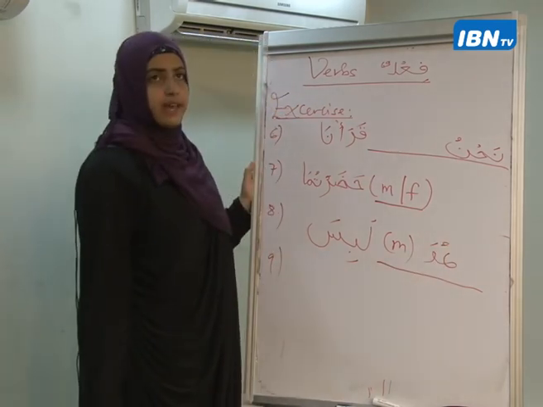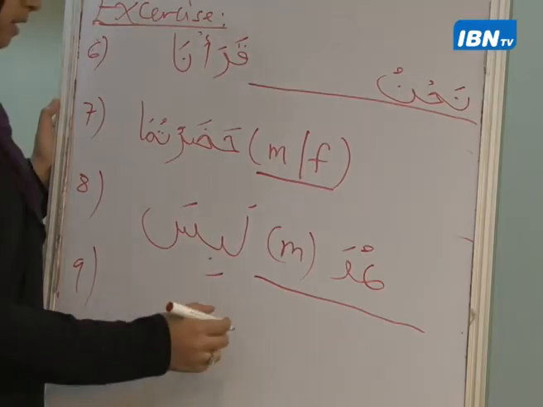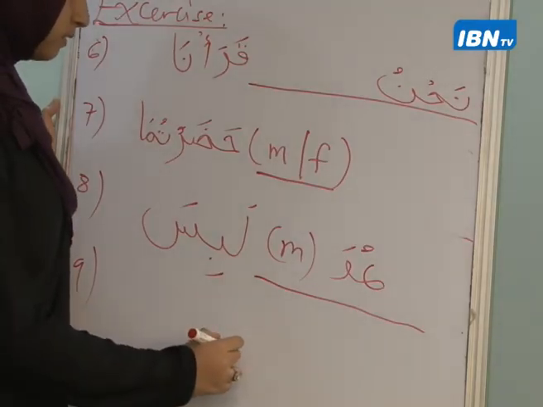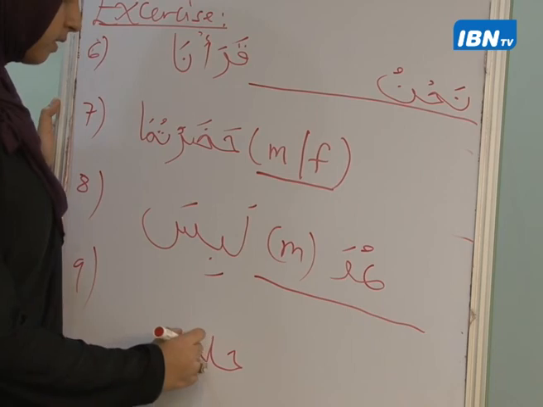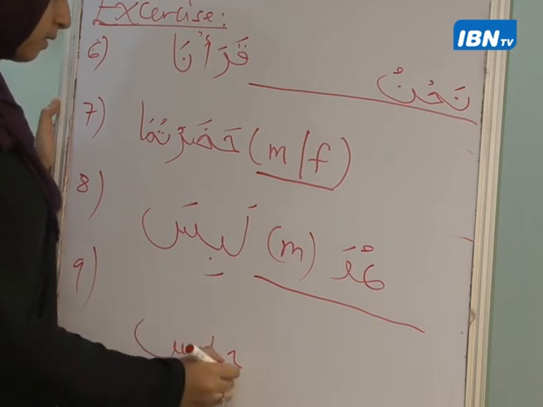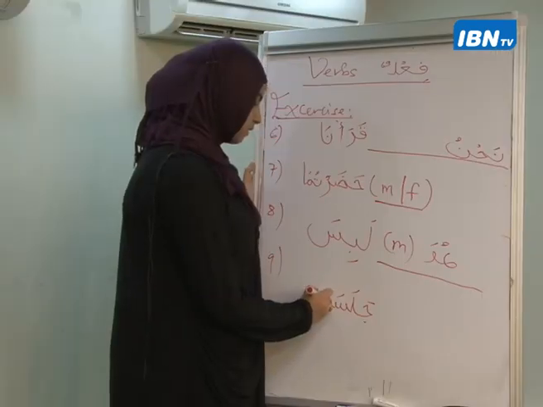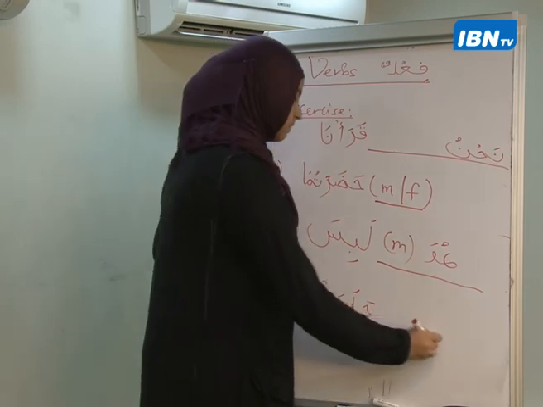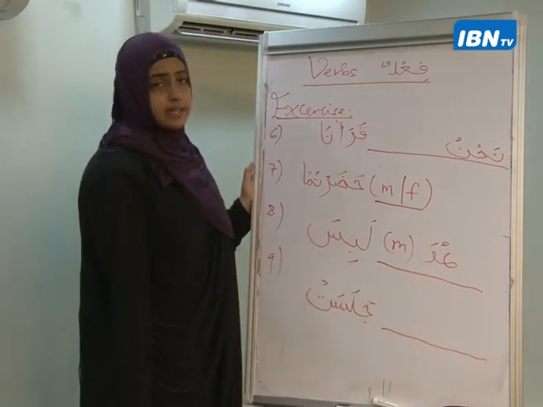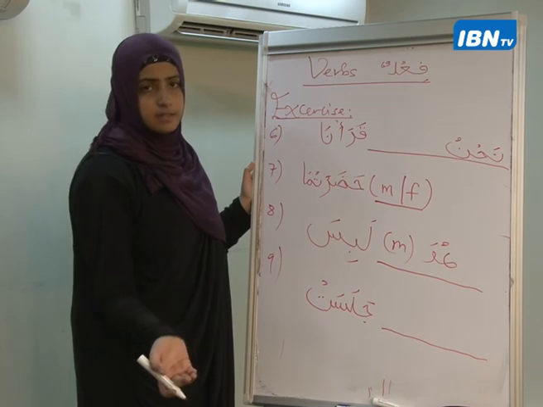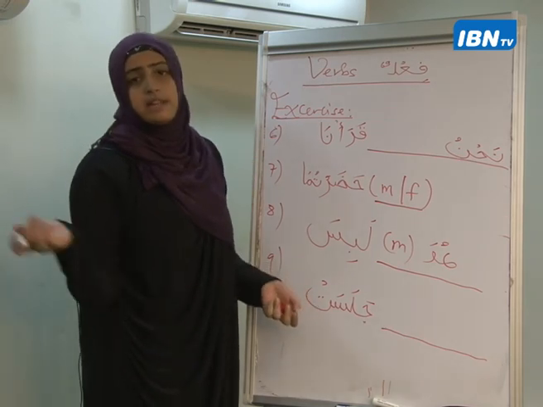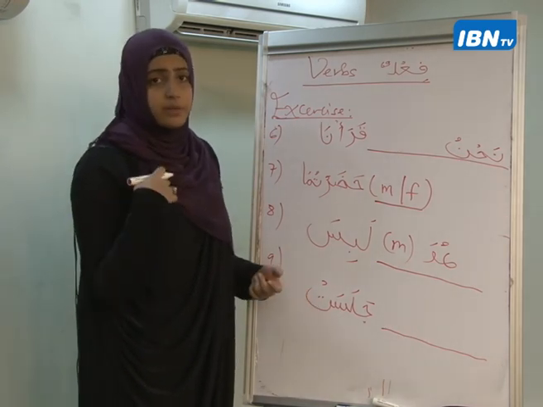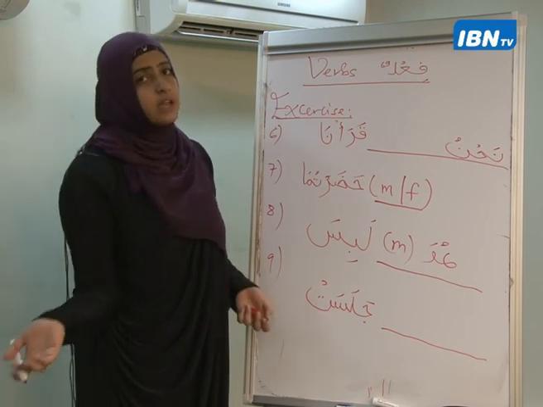Okay, so what if I have the verb jalasat? Right? So when I say jalasat, what do I mean? Who am I referring to? Am I referring to a masculine or feminine?